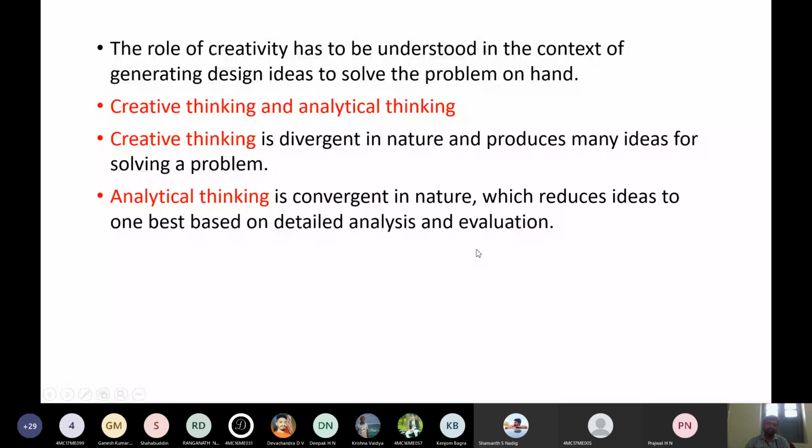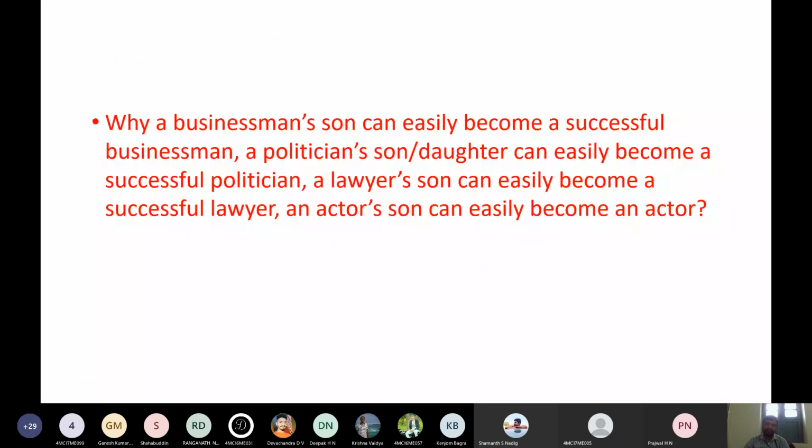Next, why can a businessman's son easily become a successful businessman? A politician's son or daughter can easily become a successful politician. A lawyer's son can easily become a successful lawyer. An actor's son can easily become an actor.